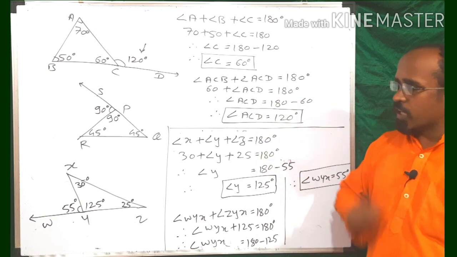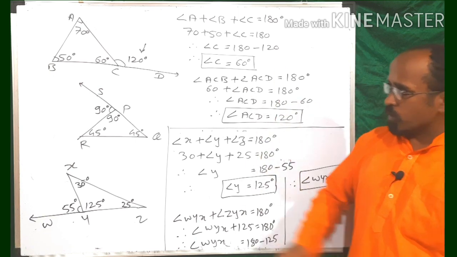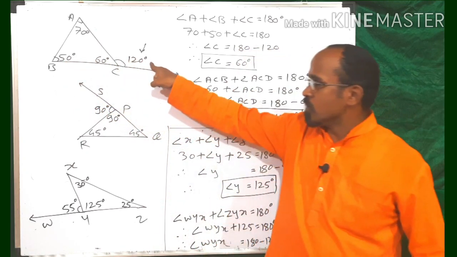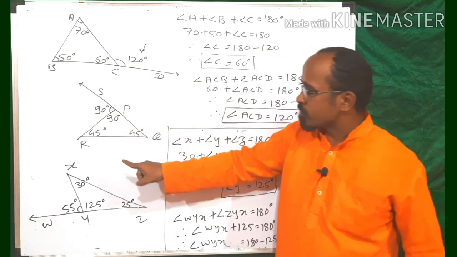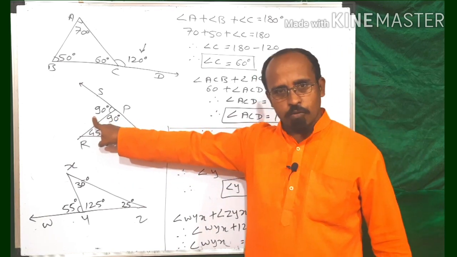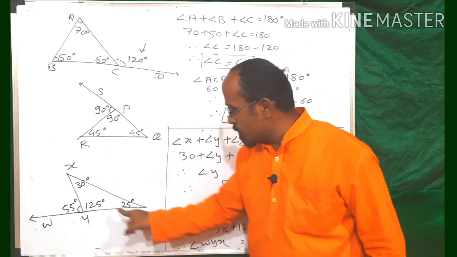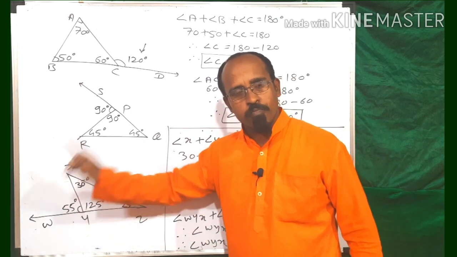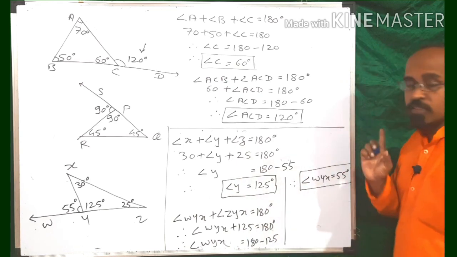If you observe it carefully, you will come to one conclusion. 70 plus 50, 120. This is equal to 120. 45 plus 45, 90. Exterior angle equals 90 degrees. 30 plus 25, 55. Exterior angle is equal to 55 degrees. See.